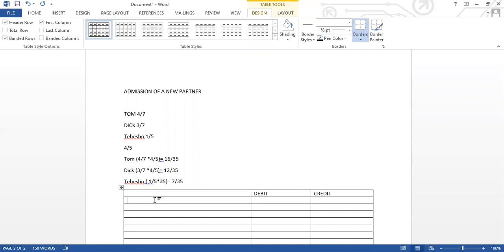Tebesho must pay 11,760 for goodwill for his share in the partnership. Tebesho has to pay 11,760 for goodwill, and that goodwill is to be shared among the old partners. We know what goodwill is. Goodwill is an intangible asset, ne?